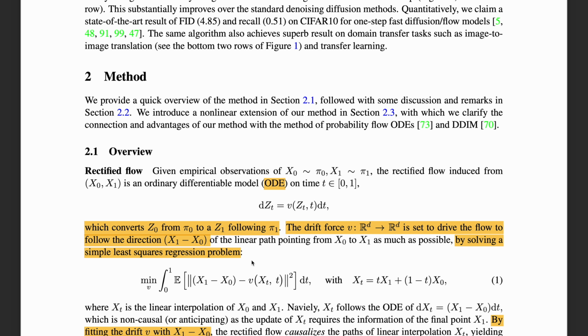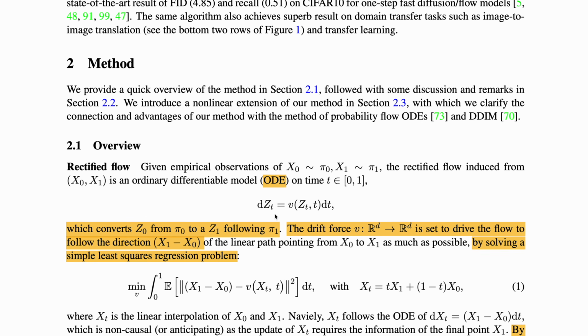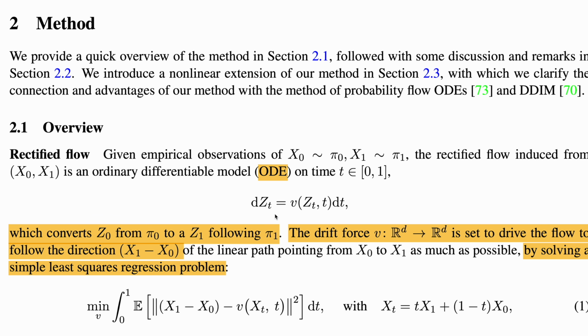Okay, so basically here we have an ODE. We convert from Z0, so one data point from the first distribution, to another data point from the other distribution. And what we do with Rectified Flow, we predict the drift force, so x1 minus x0, the difference between the two data points, the velocity.